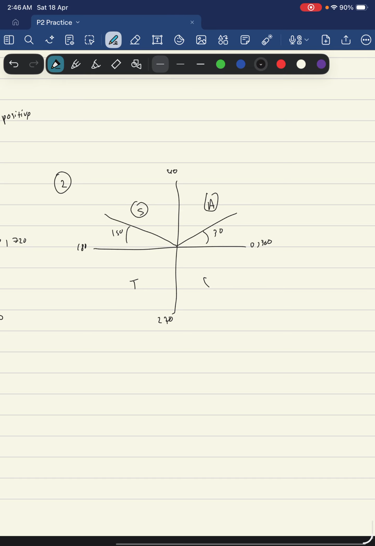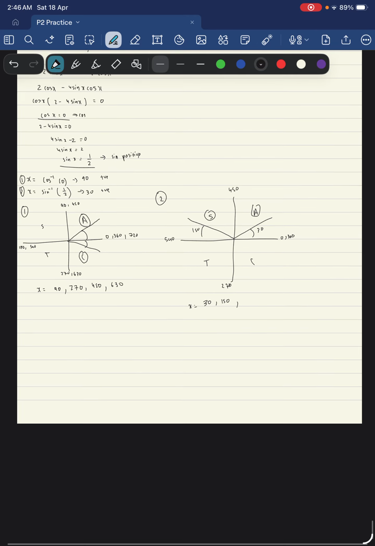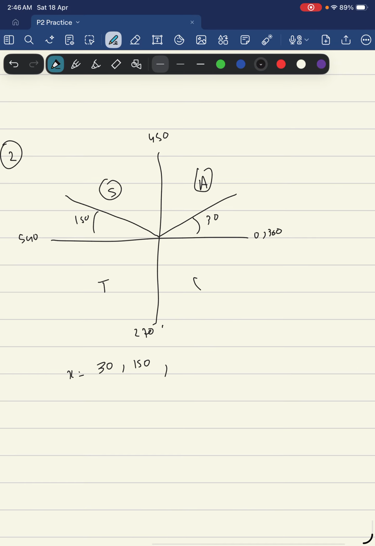So we can quickly write down those values here: it's equal to 30, 150. And we have more once this finishes: 270, 360, 90, 450, 540, 630.